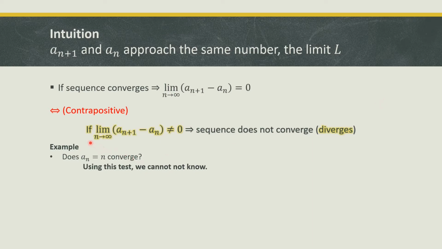So we have to check this condition, and if this is satisfied, we know that it diverges. However, if this is not satisfied, it does not mean that the sequence converges. So all we can tell from this test is that if this is satisfied, then it diverges and nothing else.